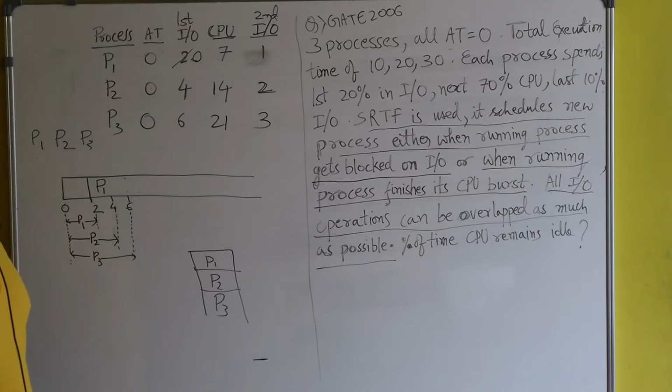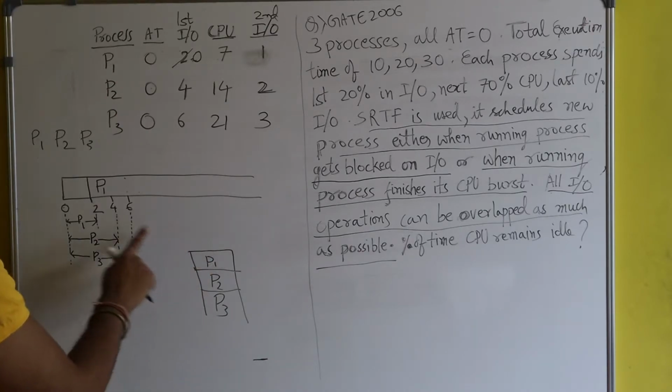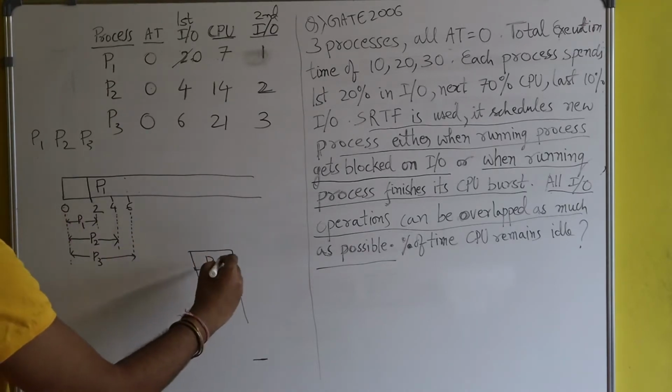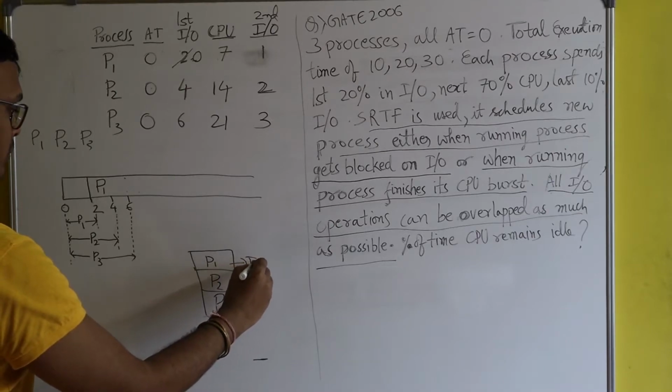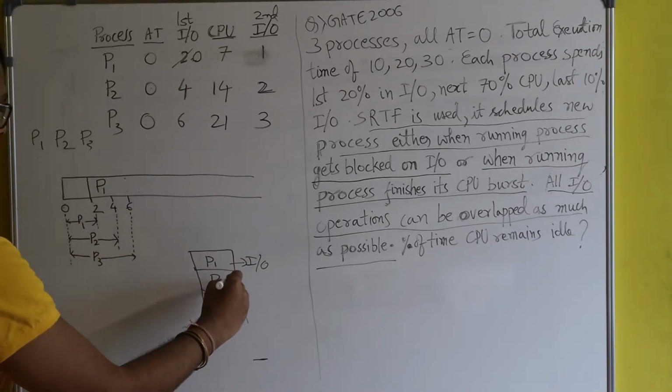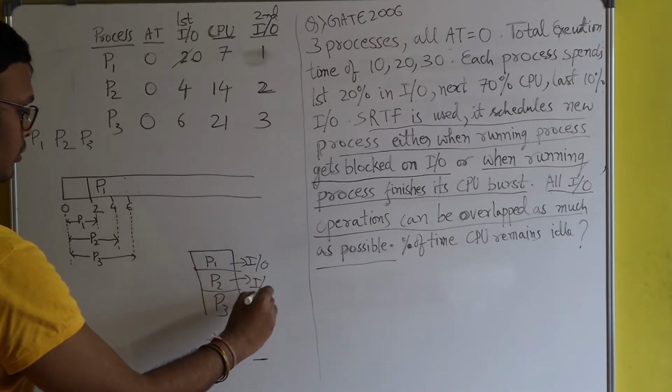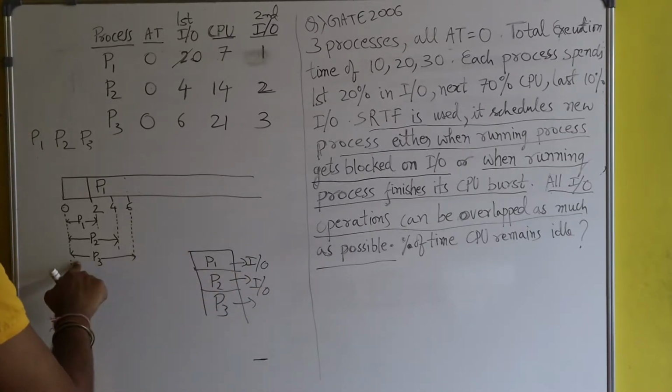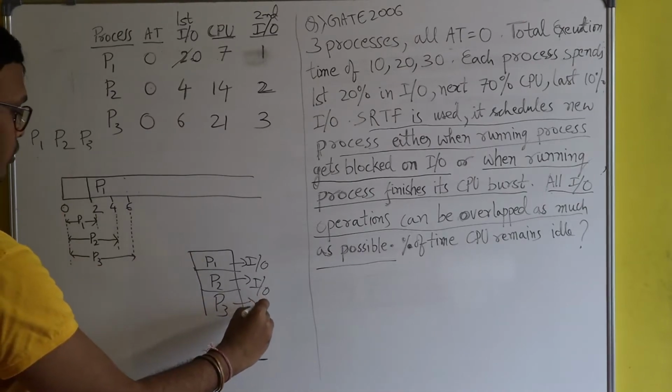Process P1 was busy with the IO, process P2 is busy with the IO, and process P3 is also busy with the IO.